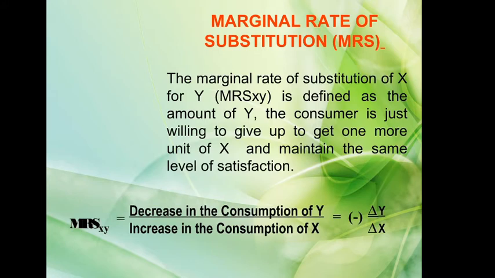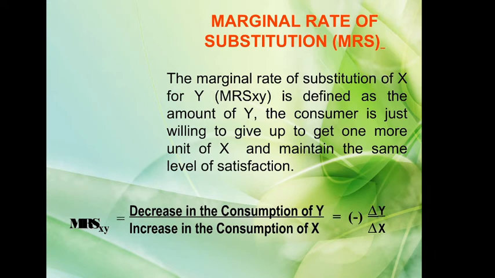Now what is marginal rate of substitution? Marginal rate of substitution means the consumer is ready to sacrifice one product for gaining another product. So marginal rate of substitution of X for Y is defined as the amount of Y the consumer is just willing to give up to get one more unit of X and maintain the same level of satisfaction.